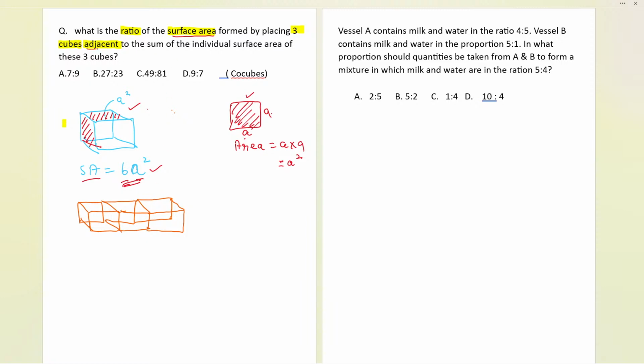When they are adjacent, this is the shape. Now I have to take the ratio of the area of this joined shape divided by the sum of the individual surface areas of these 3 cubes. Individual means 3 different cubes, which I am going to draw like this.